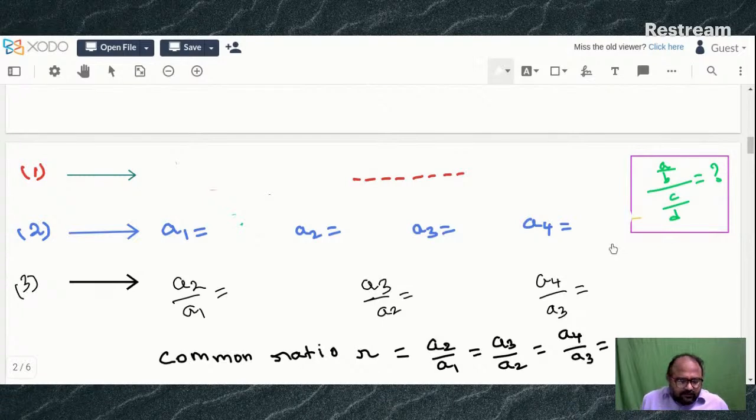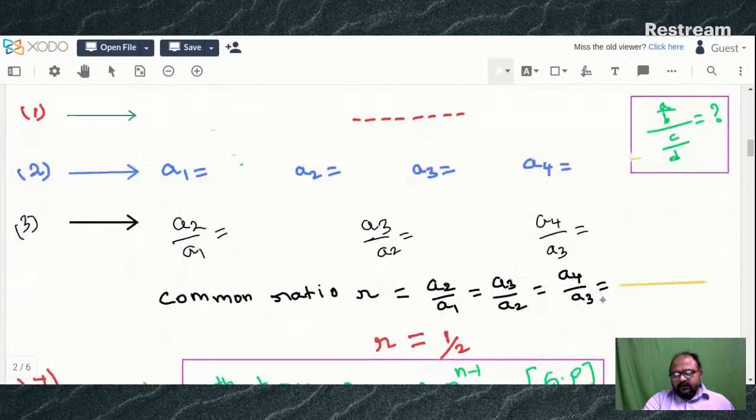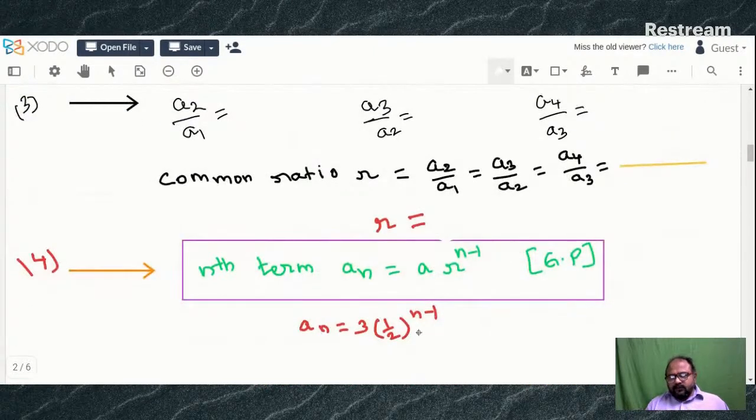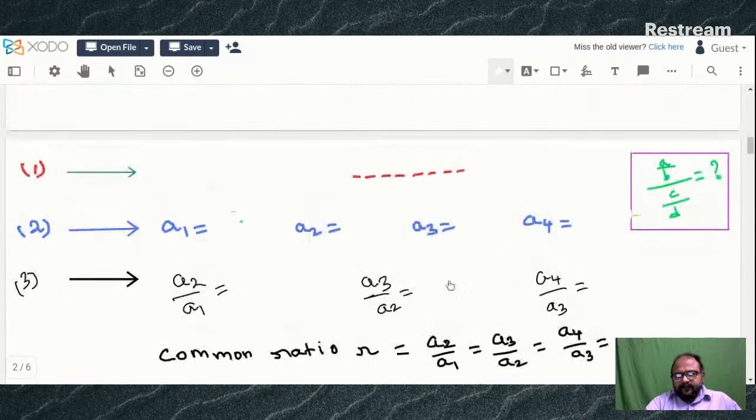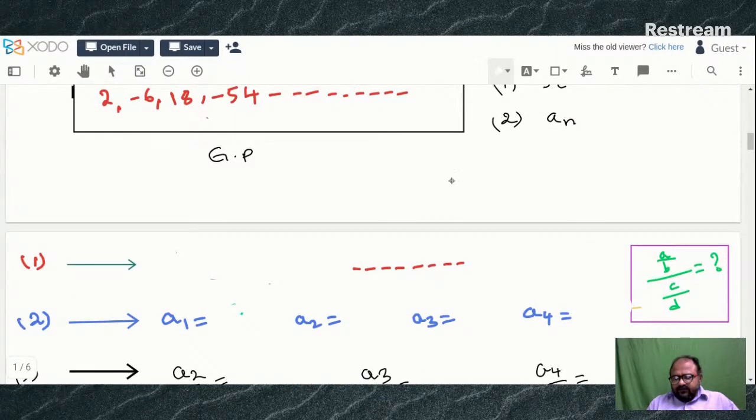After writing A1, A2, A3, A4, the third step is you must find A2 by A1, A3 by A2, A4 by A3. You will get the same value. It will be the common ratio. So if the common ratio is found, then we find the nth term an using the formula an equal to a r power n minus 1.